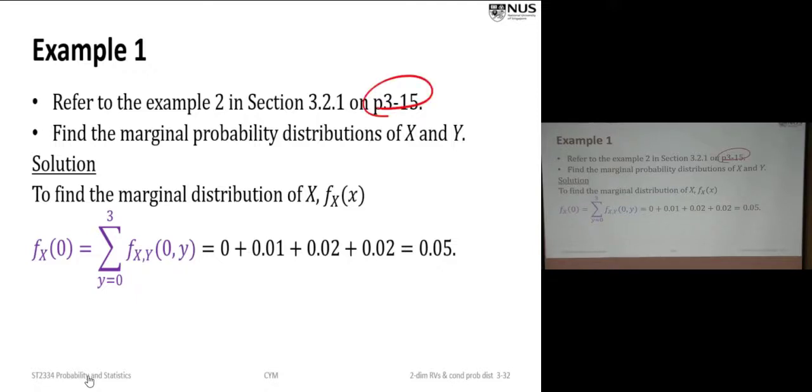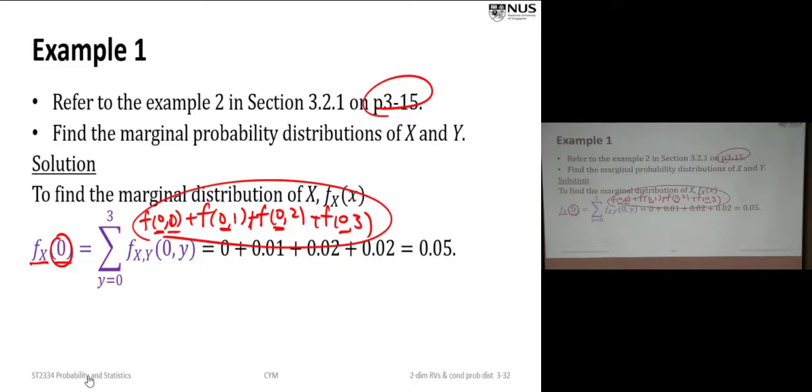At x equal to 0, I have to add up all the f of 0, 0, f of 0, 1, f of 0, 2, and f of 0, 3. So all of them are at x equals 0, but y changes from 0, 1, 2, 3. So I add up all these. How about 4?